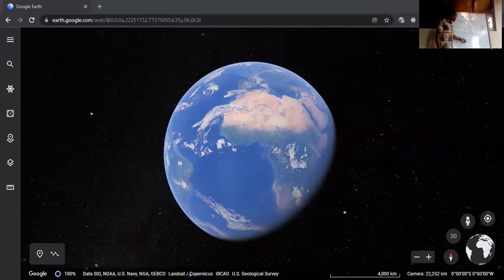Isochrone does this. One of the applications is that if your customers visited you and you wanted to reward them, you could use an isochrone.